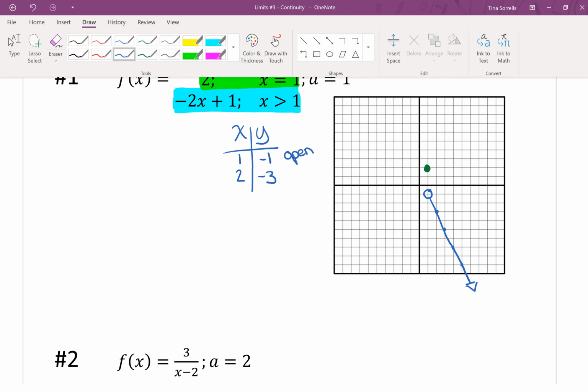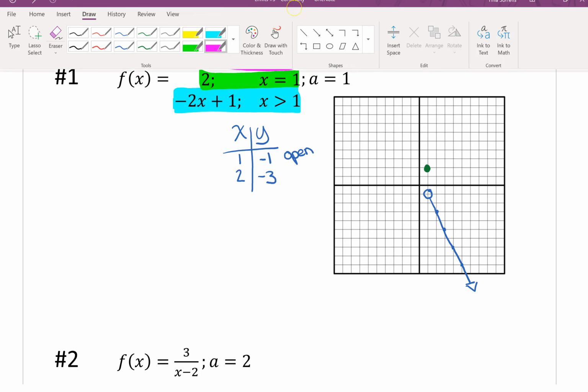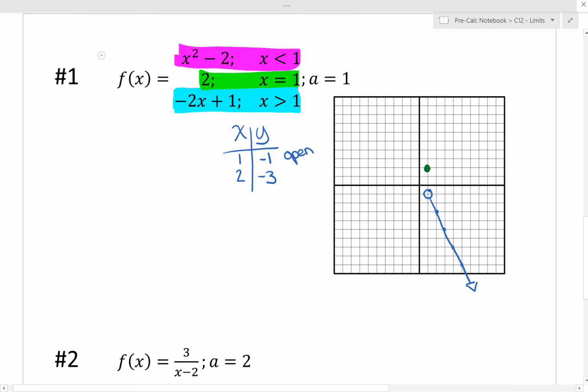Okay, and then let's do this last one right here. Okay, so we can do the same thing. We can go make our chart. So we're going to start with the 1, and when I plug 1 in, I get a -1, and we're still going to have an open circle. So we're actually restarting right here.